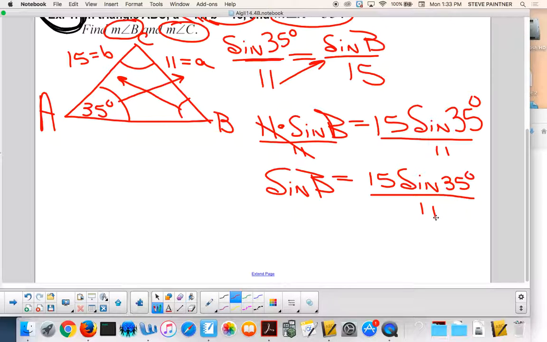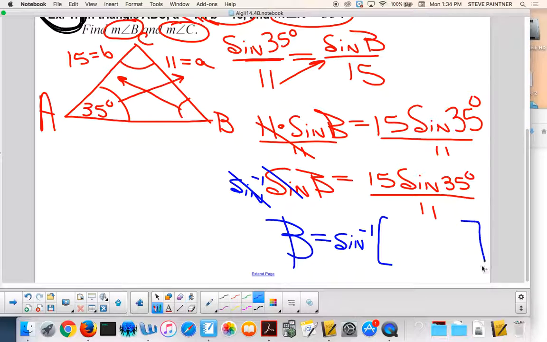How do you get B? Inverse sine will knock out sine. Just do the inverse of sine. B equals inverse sine of parentheses, parentheses, drop it in.